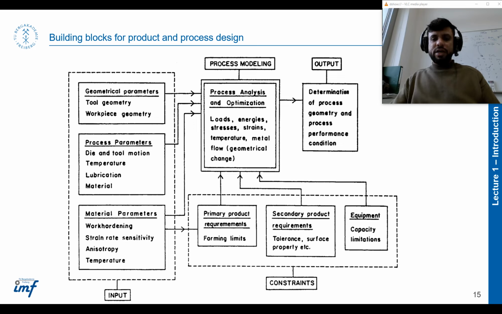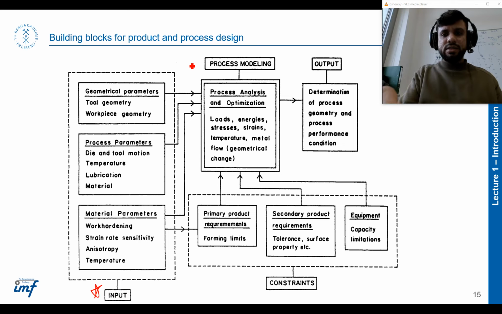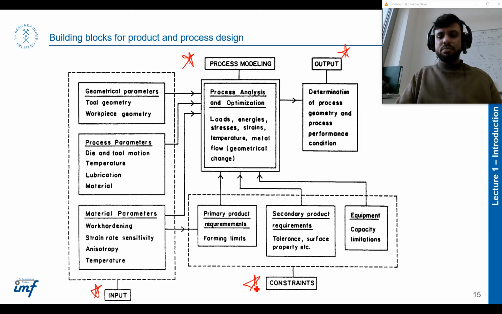As we talked about, generally there is an input, and then there is processing, and then we get the output. And while doing this, we have some constraints on what can be done and what cannot be done. When we ask a computer to solve a problem, we need to tell the computer everything.